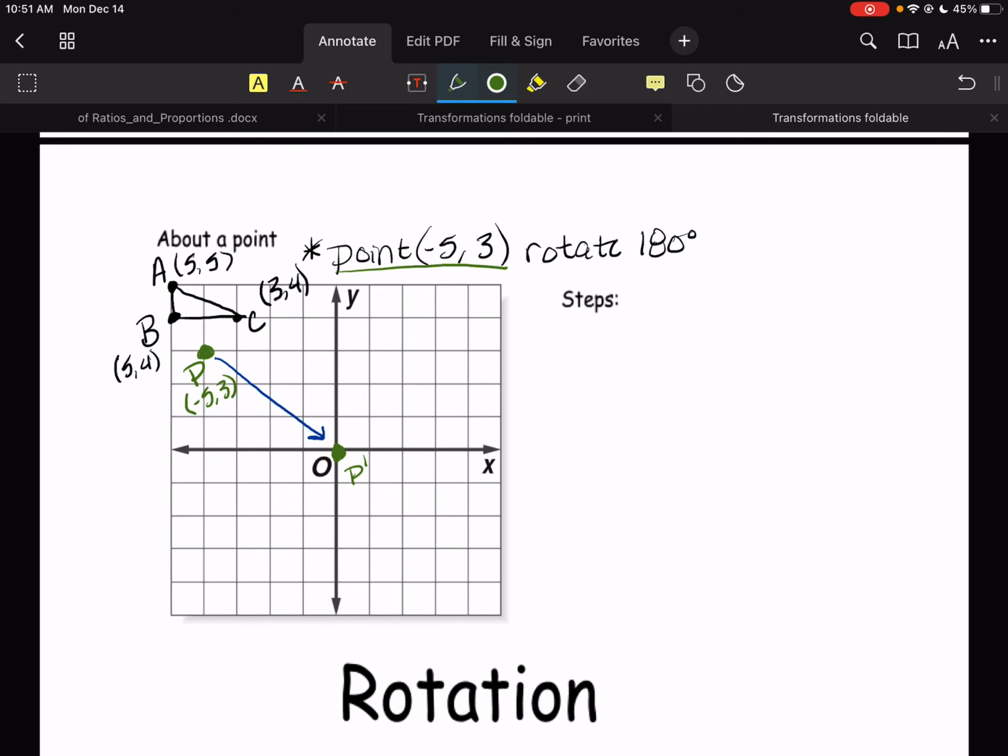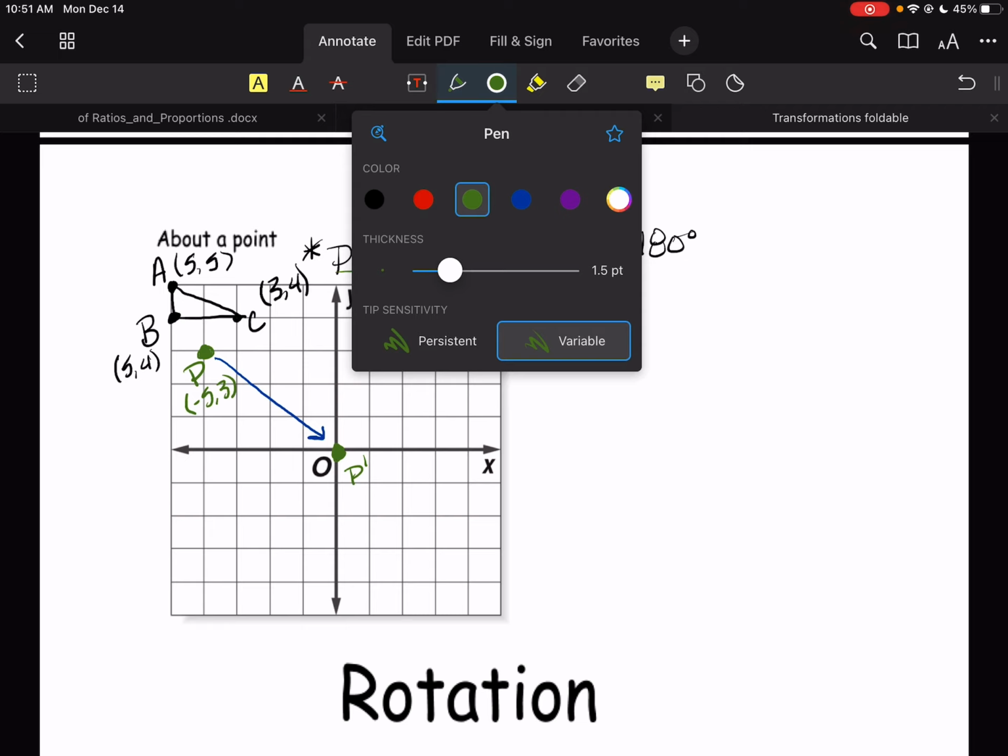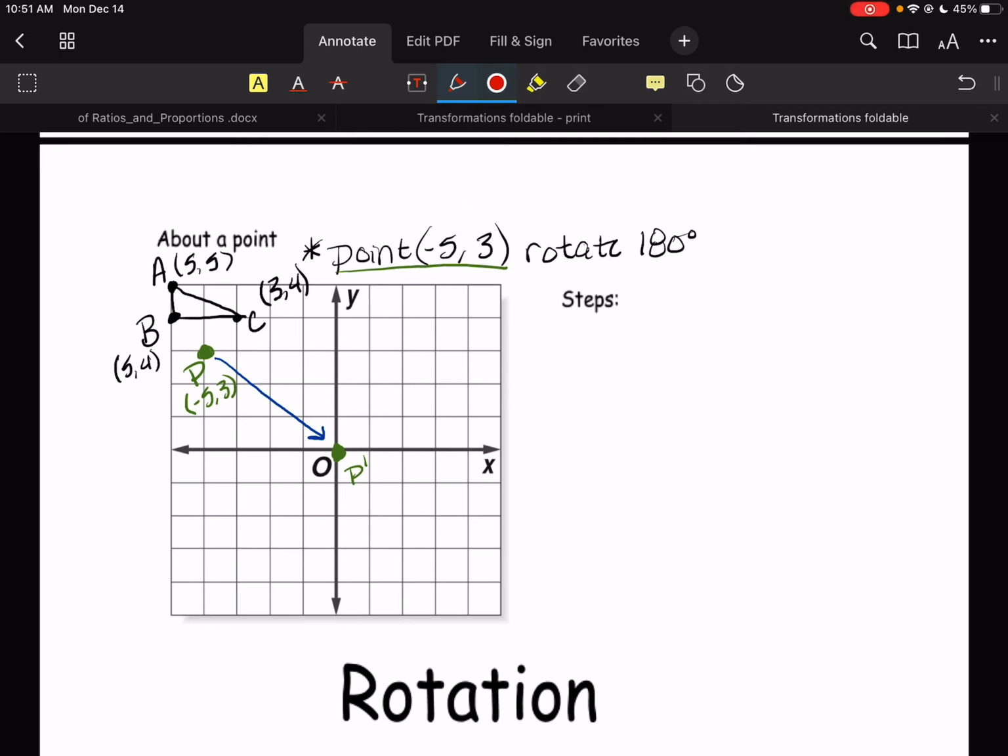But if I move our point, then I also have to move the object itself, right? I can't just move the point, everything has to come with it. So when I do that, I'm also going to need to translate the figure as well. So I'll do the new one in red.